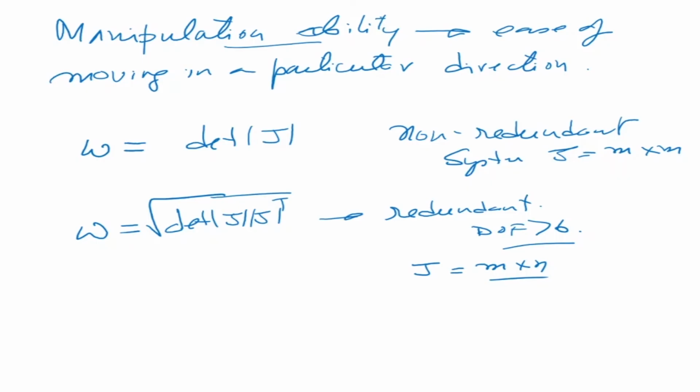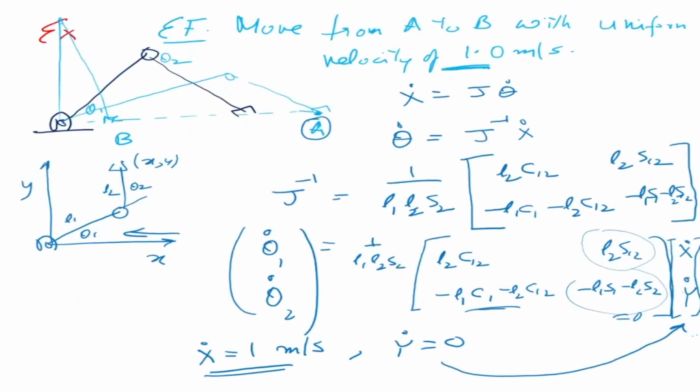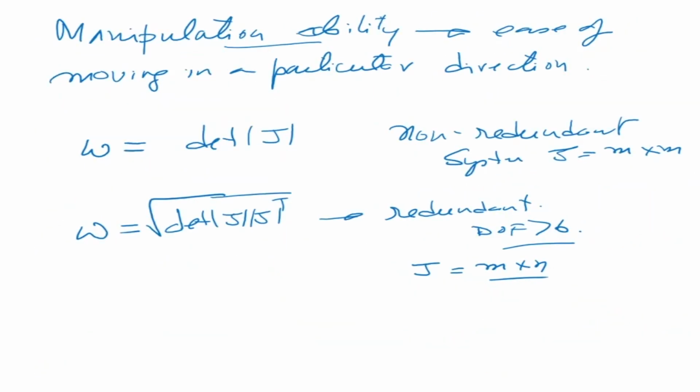As we saw in this earlier example that we solved, as the manipulator is stretching out and becoming straight, your joint velocities go towards infinity. Which means, in the fully stretched condition, if I want to move in this direction, let me draw it again here.